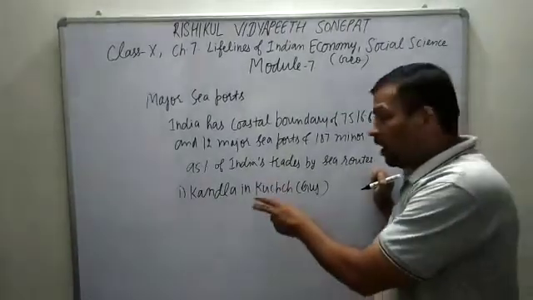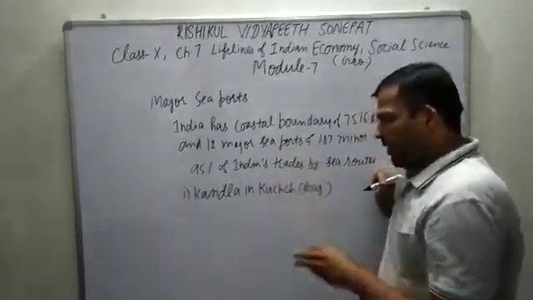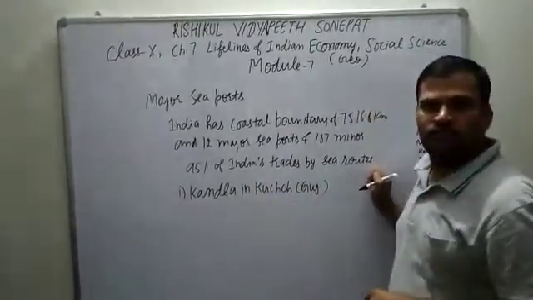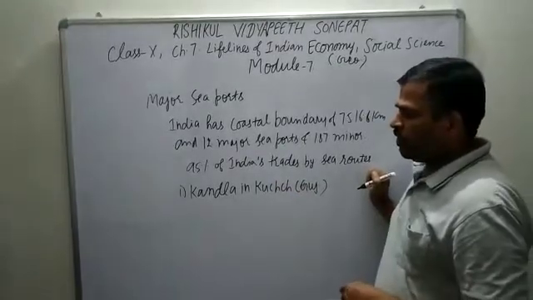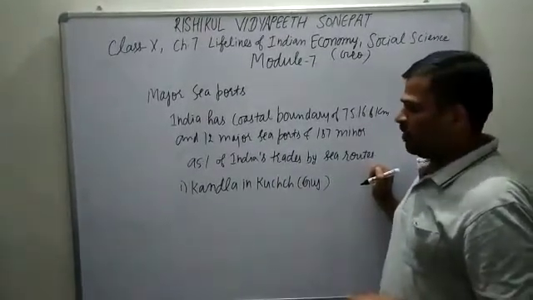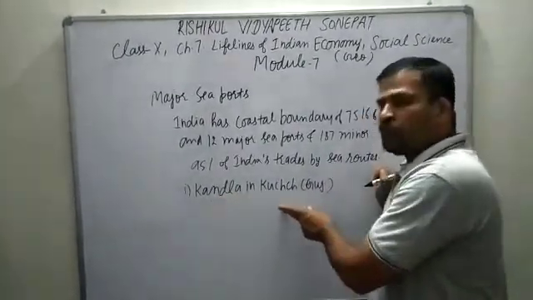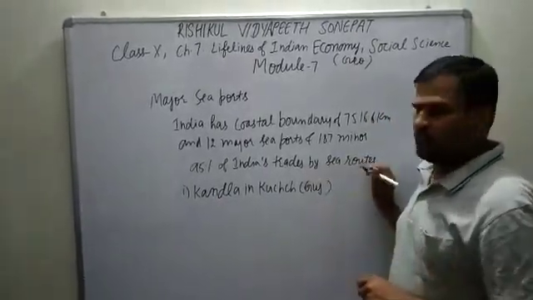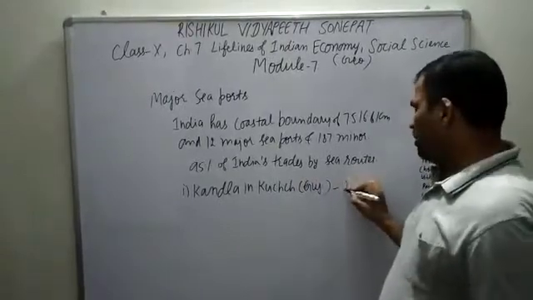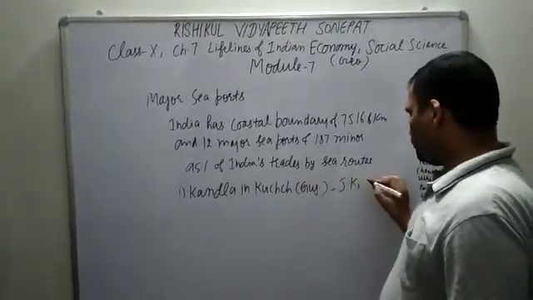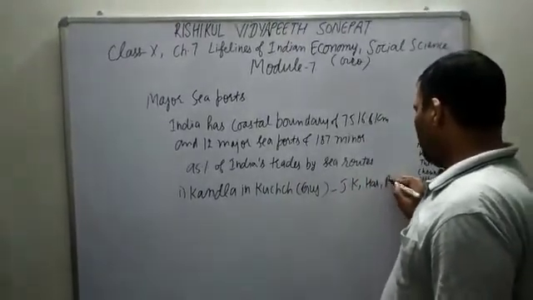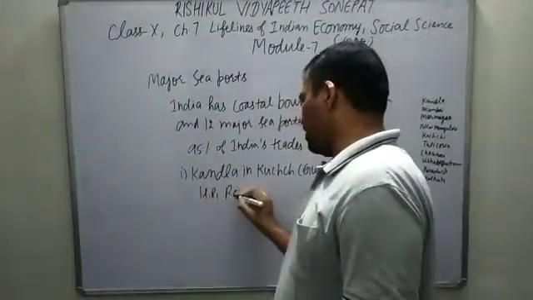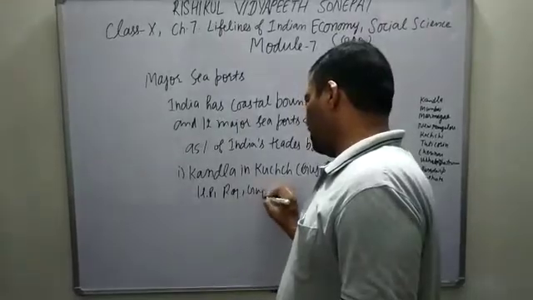So to reduce the pressure on Mumbai port, Kandla port was made. Because no other seaports were available, and this serves the northern and northwestern part, like Jammu Kashmir, Haryana, Punjab, Himachal Pradesh, Rajasthan and Gujarat itself.